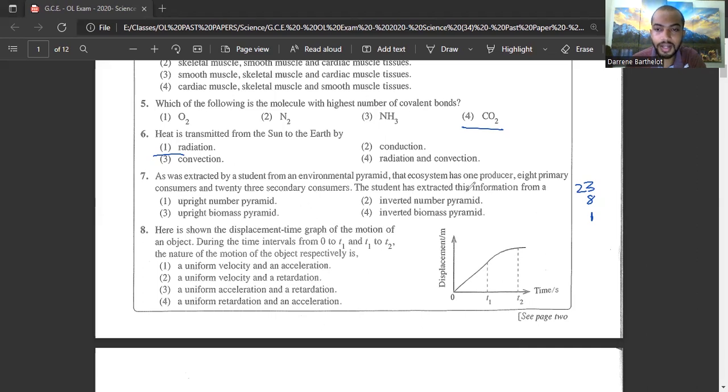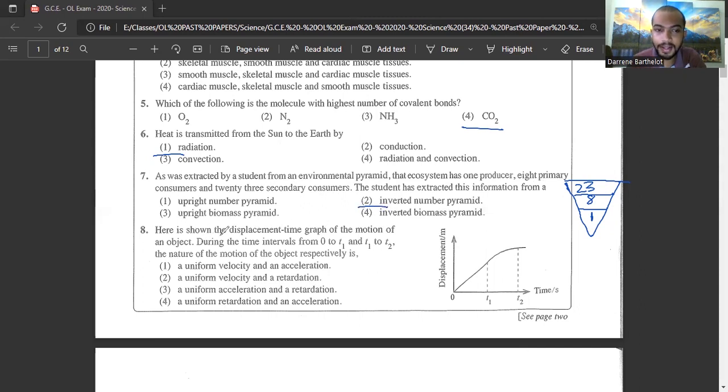If you place this in a diagram, one is a small one, then 8, then 23. You can see this is an inverted pyramid. Also, they have given the number of consumers and producers. So the answer should be that it's a number pyramid and also it's inverted. The answer should be the second one, inverted number pyramid.